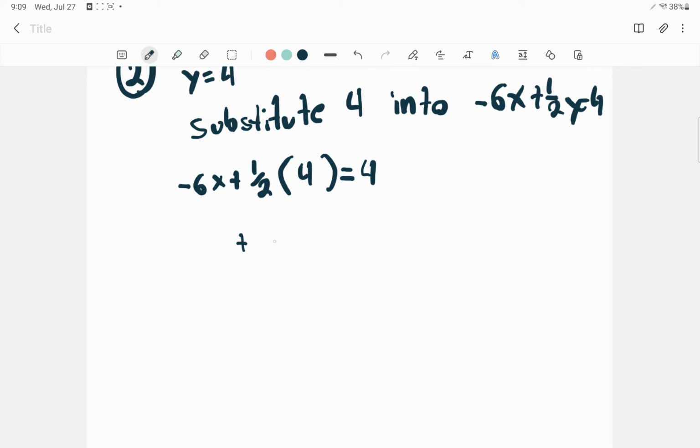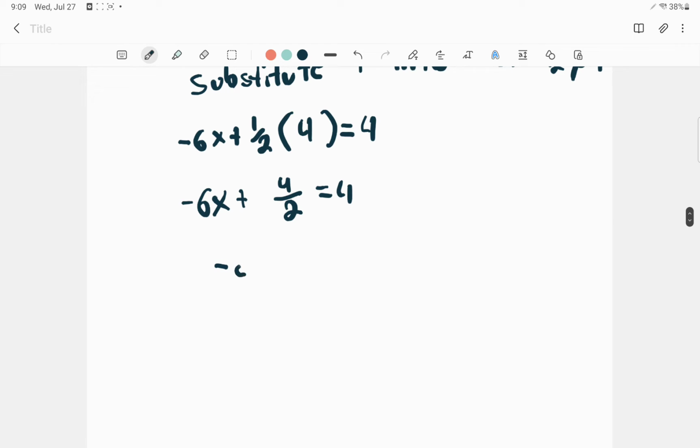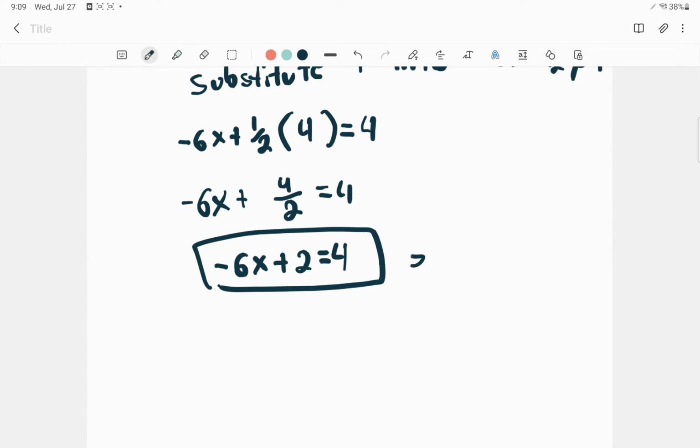We're going to multiply together, and you're going to notice that's going to be 4/2 equals 4, -6x over here. And all you have to do is just simplify that fraction, and then you should be able to do your problem. All right, right here, all you have to do is solve for x. And that's going to give you the answer.